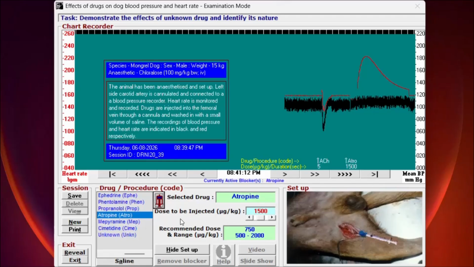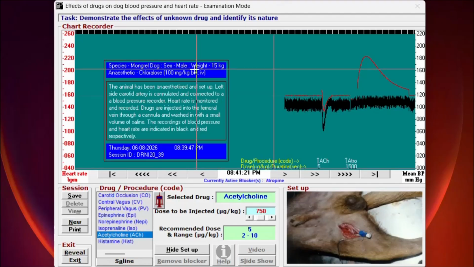So now let's select acetylcholine once again, but this time the dose will be high, that will be 750 microgram per kg.